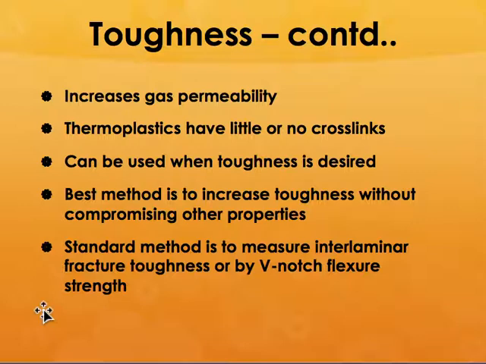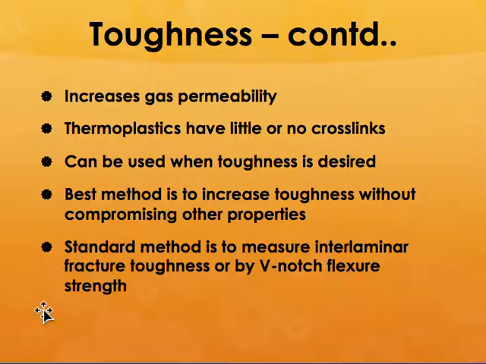So you end up getting better toughness, but bad barrier properties. That is also because if you add thermoplastics, they have little or no crosslinks, and they do not have good barrier properties. So the best method to avoid this kind of issue is to increase the toughness without compromising other properties.